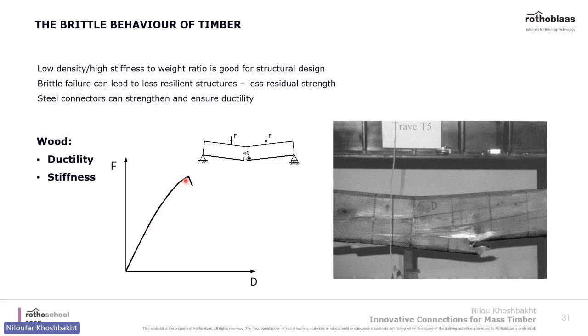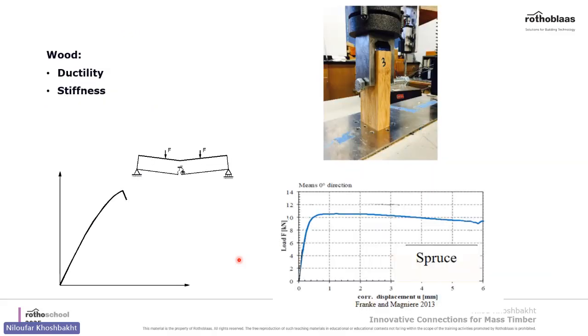And for the wood, as you see, it breaks suddenly, which makes this a brittle behavior, and that's why steel connectors can strengthen wood connection structures because they ensure the ductility of the system. Steel connectors designed correctly can strengthen and ensure the ductility, as I'm going to explain here.